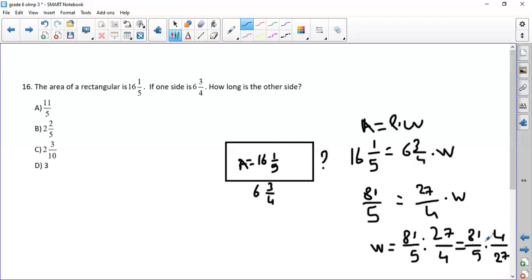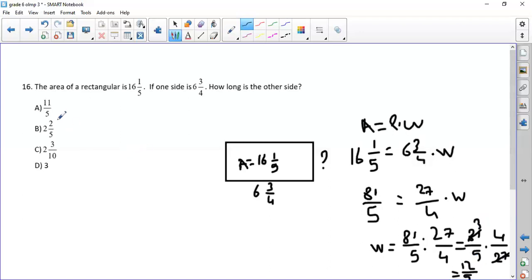We can simplify 81 with 27. 81 divided by 27 is 3. 3 times 4 is 12. So the result will be 12 over 5.